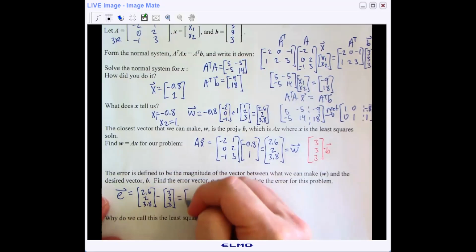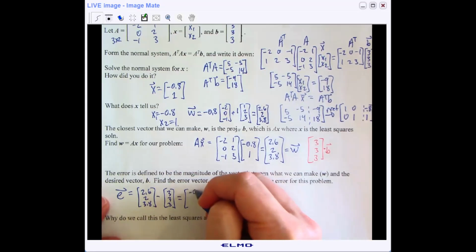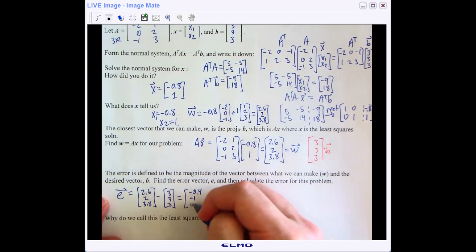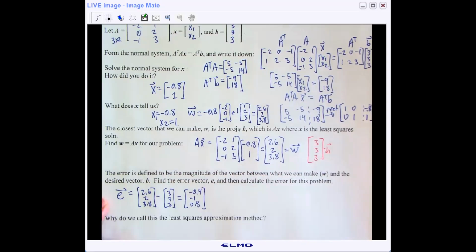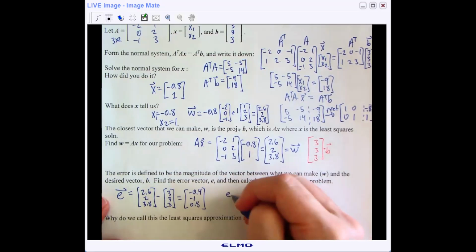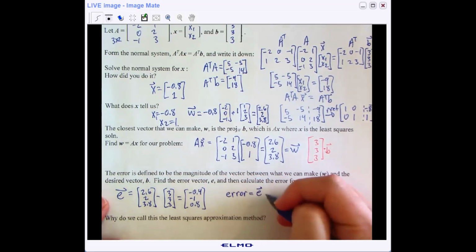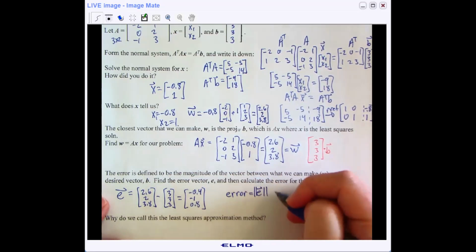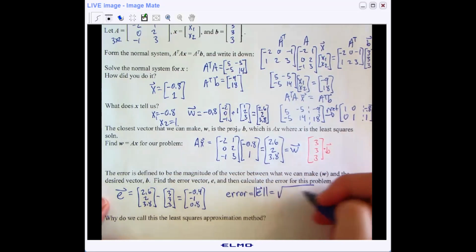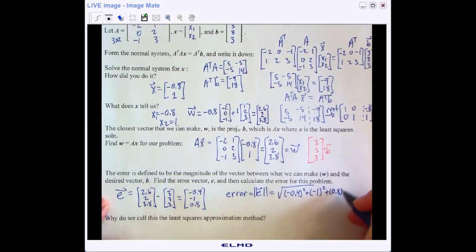And so that would give me -0.4, -1, and 0.8. And the error is the magnitude of that error vector, which would be the square root of -0.4 squared plus -1 squared plus 0.8 squared.